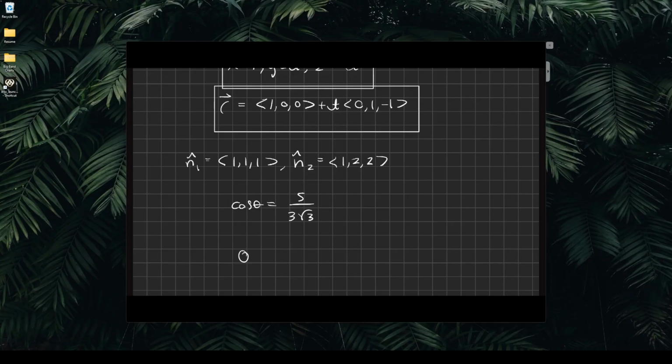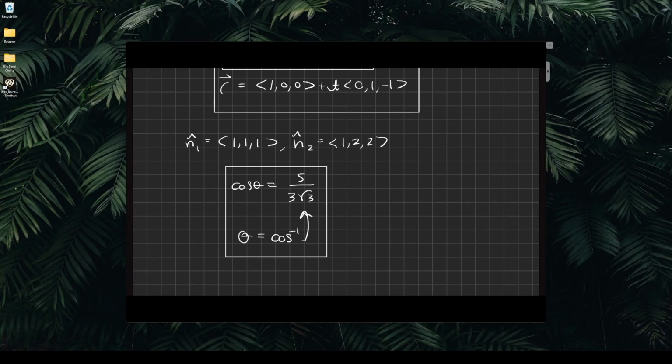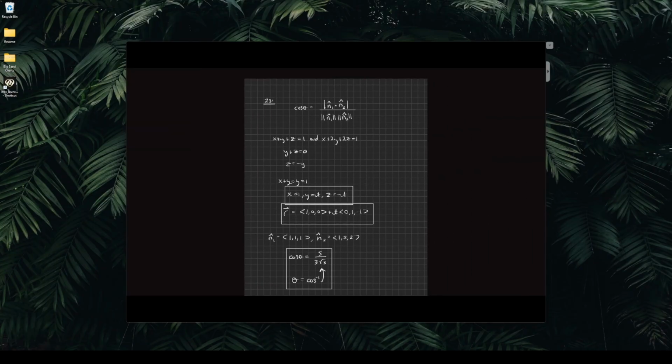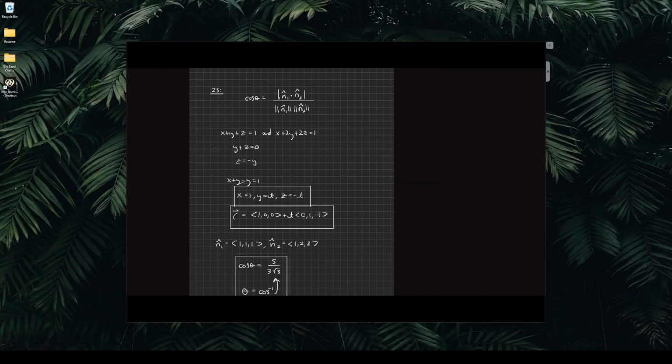And then theta, of course, is just the arc cosine of this. Whatever that equals when you plug it into your calculator. I think the problem might say to put it in degrees to like 1 decimal place. That's obviously just sort of specific to the problem, but okay. So 58.